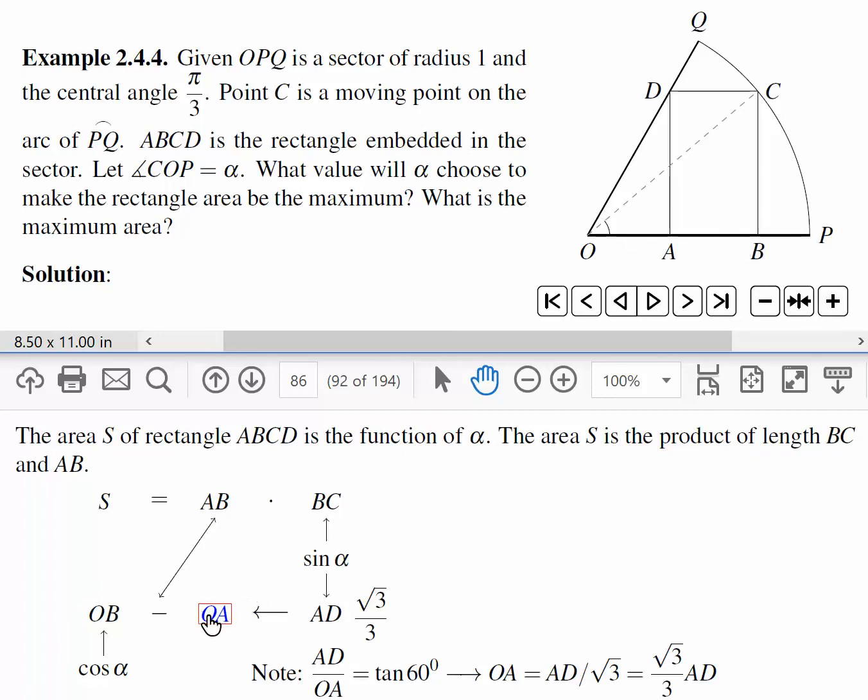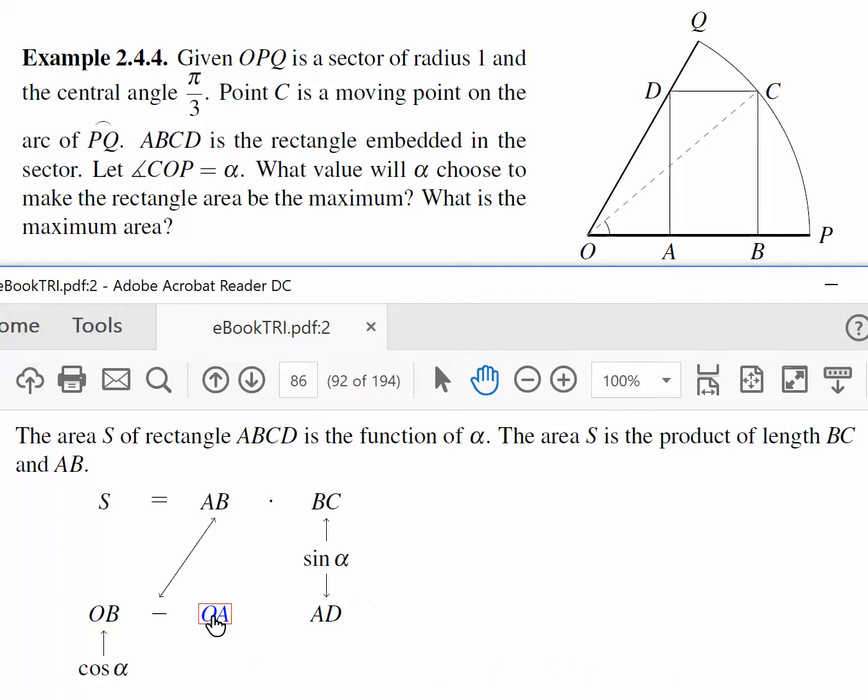So we would like to use alpha to denote OA. Actually, OA equals AD, or sine alpha, times radical 3 over 3.